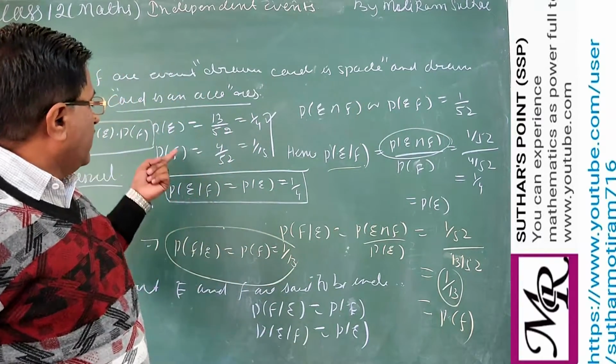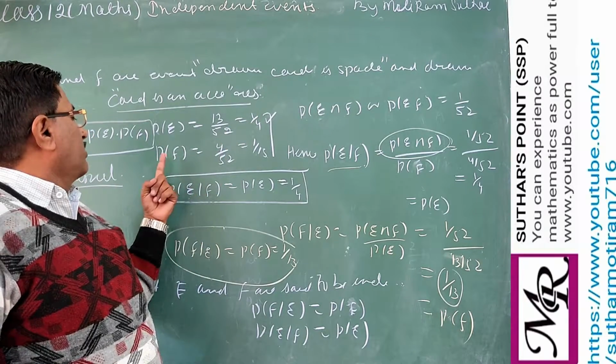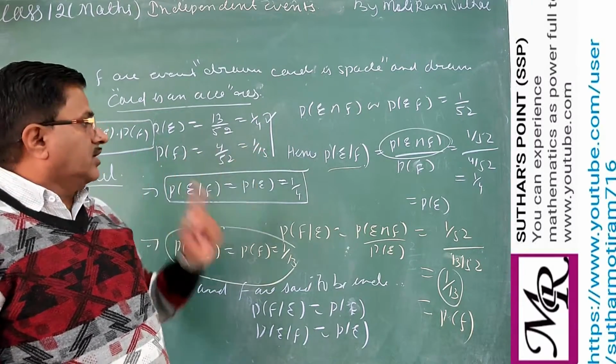So the separate probability of getting a spade is 1 by 4, and the separate probability of getting an ace is 1 by 13.